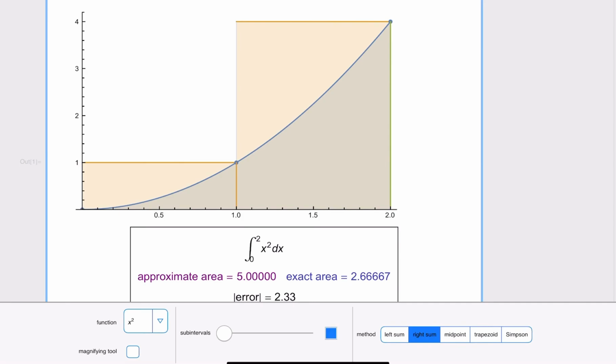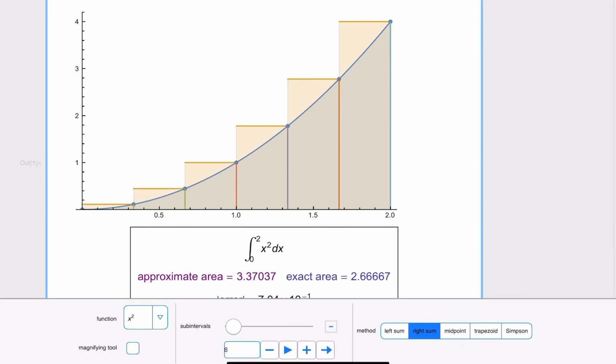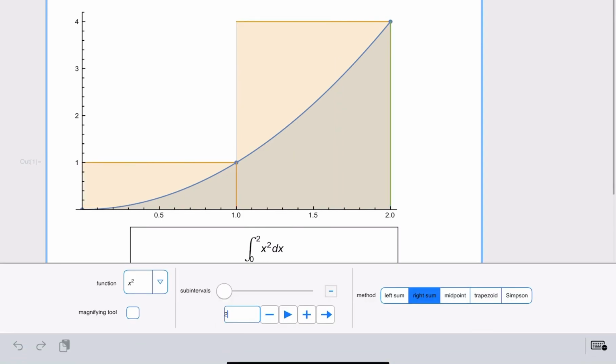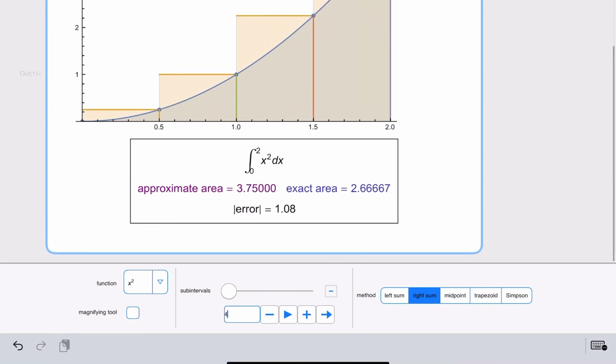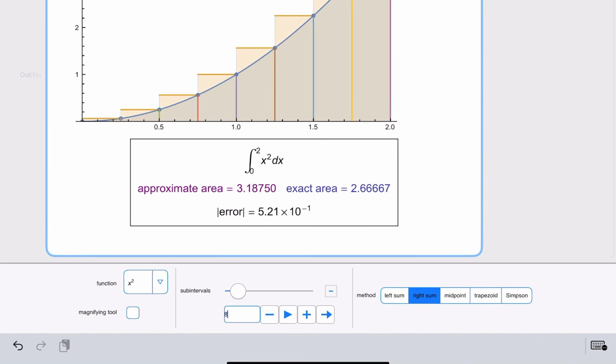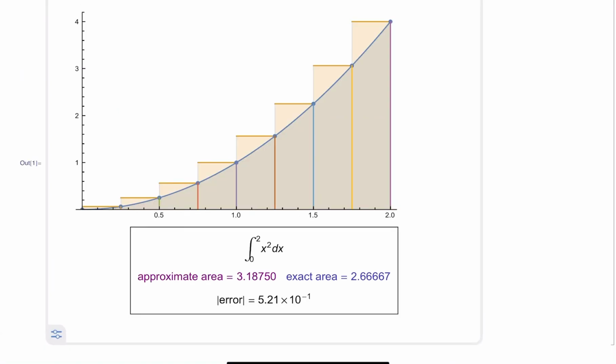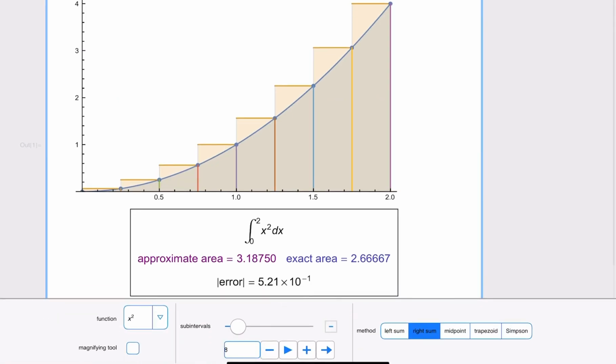If I increase the number of rectangles from 2 to 4, then the approximate area is going to be equal to 3.75. If we increase the number of rectangles to 8, in this case it's going to be equal to 3.18, while the exact area is equal to 2.66.